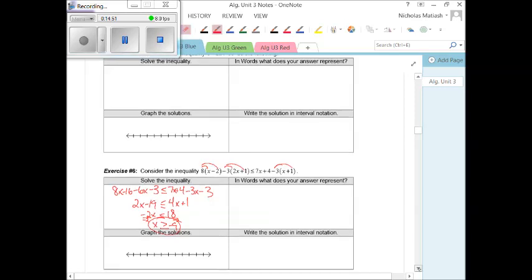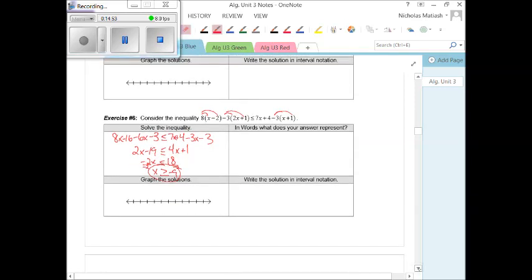Then on your number line, you can number it off specifically, or you can just throw your solution down the middle. And then again, open dot for regular less thans and greater thans, closed dot if it's a greater than or equal to. So you'll see we'll have a closed dot there. Arrow pointing to the right because all things greater than 2 are in that direction.